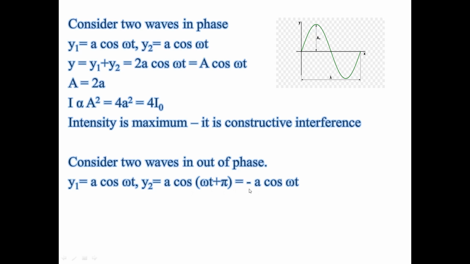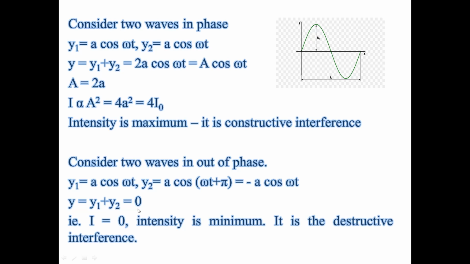So, y2 is equal to minus a cos omega t. Therefore, the resultant displacement y is equal to y1 plus y2 is equal to 0. So, the intensity is 0, that is the intensity is minimum, and this is known as destructive interference.